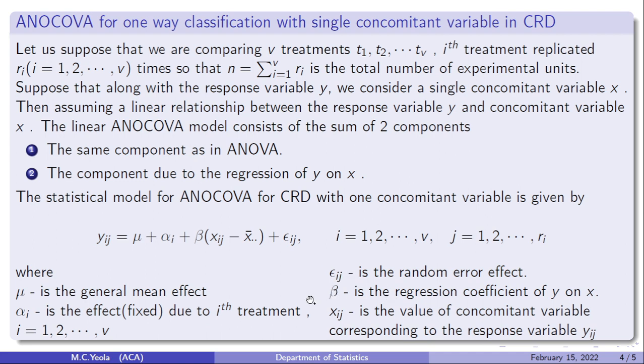Only newly introduced is beta, the regression coefficient of y on x, and xij is the value of the concomitant variable corresponding to the response variable yij. For every yij we have the corresponding xij value.